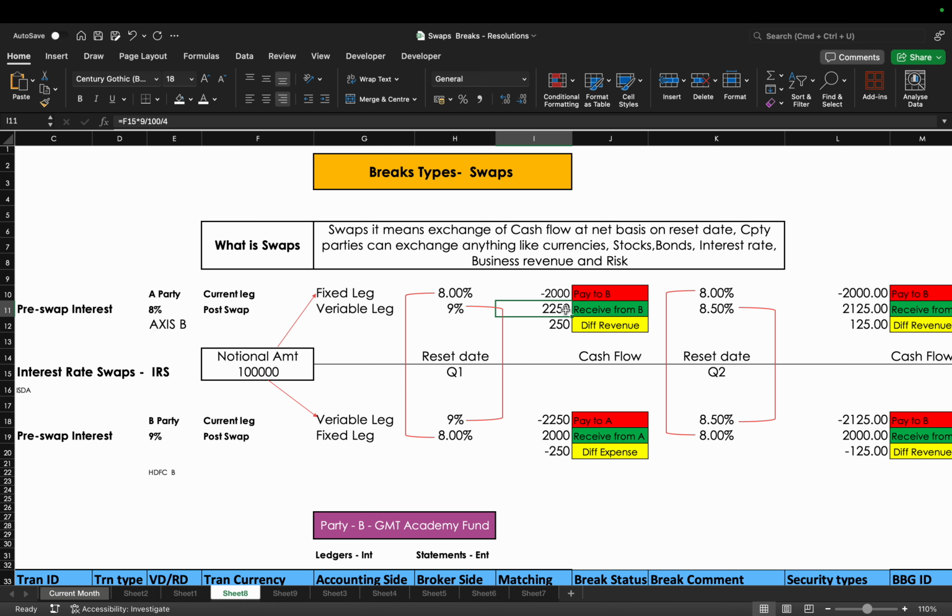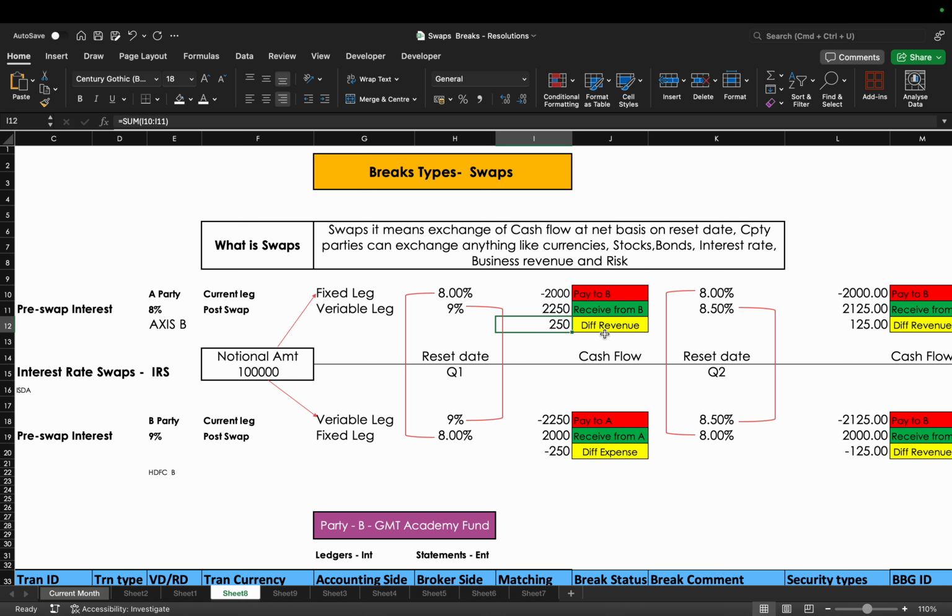And for the receive portion, again total notional amount into 9% divided by 100 divided by 4, which would be somewhere around 2,250, which A will receive from B.